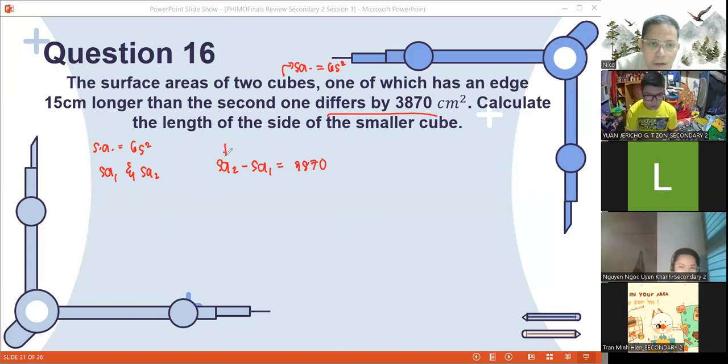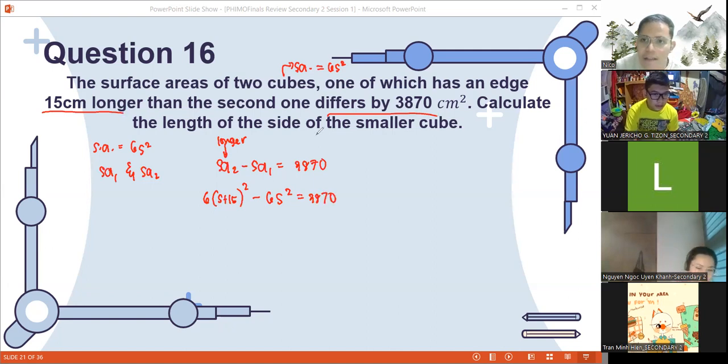So this one is the longer. It's longer by 15 centimeters. So this is 6 times (s plus 15) squared minus 6s squared is equal to 3870, right? So divide everything by 6.